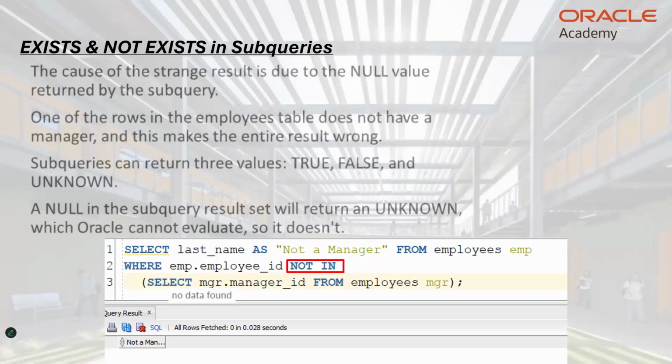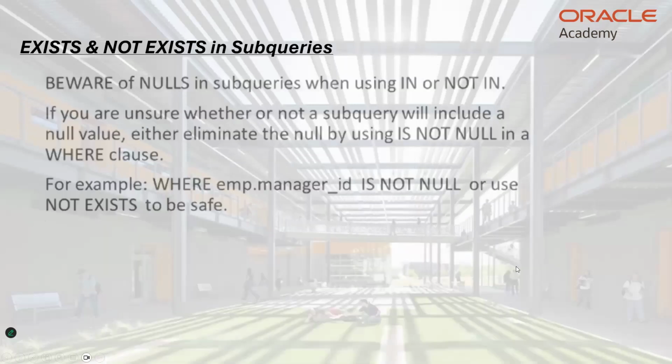And there's where null can be a problem. So once again, beware of nulls in subqueries and using in and not in, because it will change the whole results. Always use a not exists if you're testing for values over a not in. That's the whole lesson here.